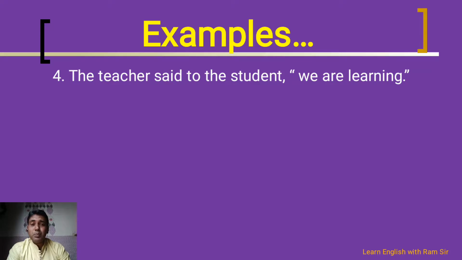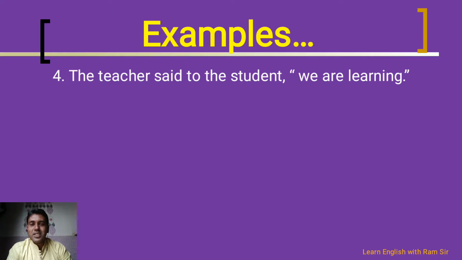So here we have the reporting verb said to. अगर said to है तो said to का conversion आपको किसमें करना है? Told में, right? So the teacher told the student, and to remove the inverted commas we need to apply the second rule, that is, we need to use the conjunction that. So the teacher told the student that, and the direct speech or the direct sentence is we are learning.